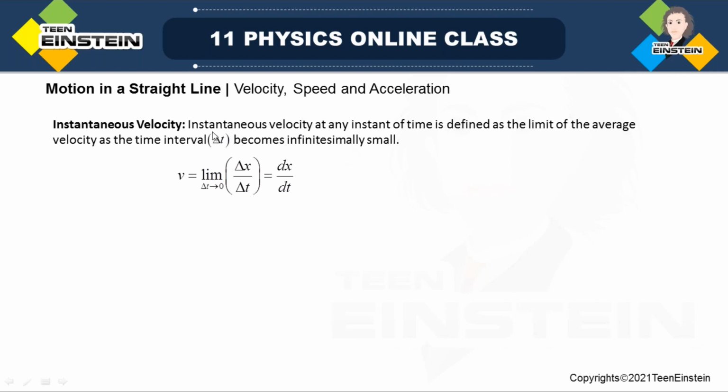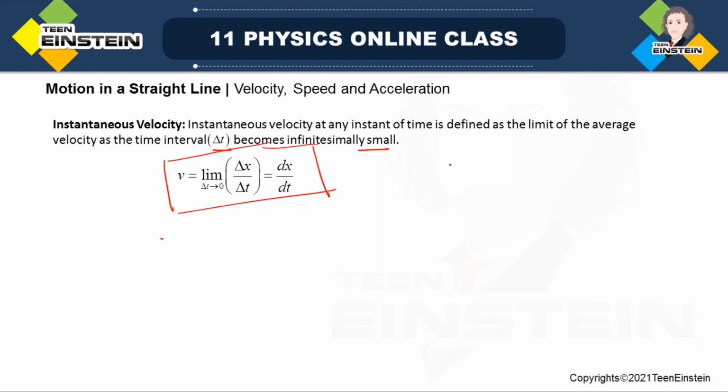So, as we had discussed, the instantaneous velocity at any instant of time is defined as the limit of average velocity as the time interval delta t becomes infinitesimally small. This is the mathematical expression for that.